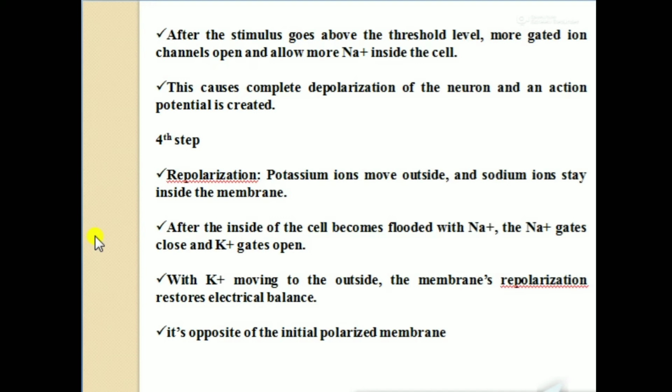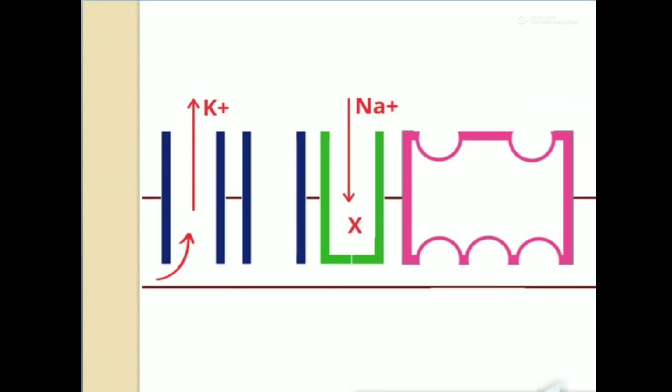Potassium ions move outside and sodium ions stay inside the membrane. If you see that picture, when the information needs to be carried forward, the polarized state needs to come back. They need to go back to the polarized state from the depolarized state.